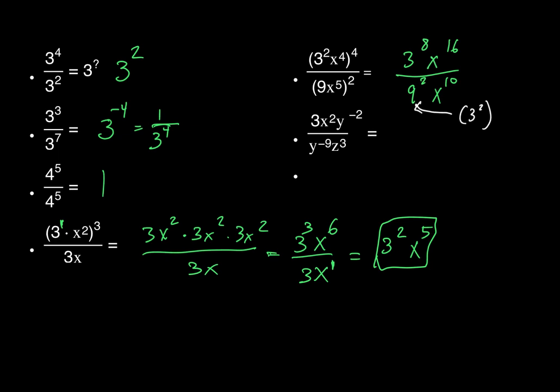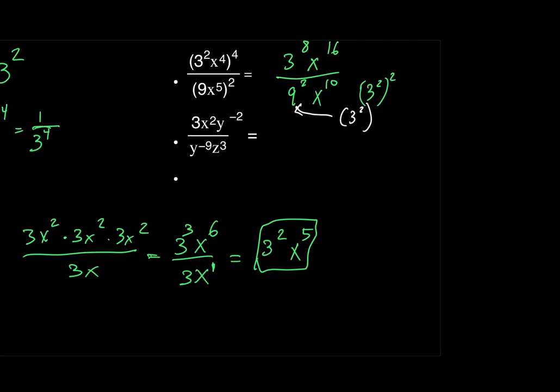So what I actually have in the denominator is 3 squared squared, which is 3 to the 4th. So I'll have 3 to the 8th, x to the 16th, over 3 to the 4th, x to the 10th.